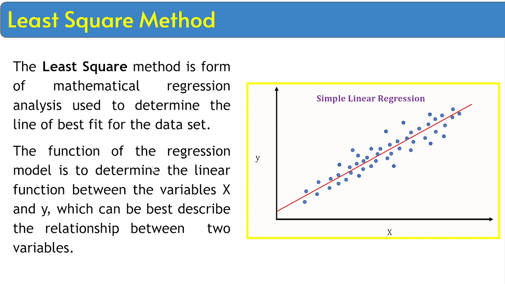The function of the regression model is to determine the linear function between the variables x and y, which can best describe the relationship between the two variables x and y. So here on the x-axis, I am taking x as age. As age increases, the height increases.